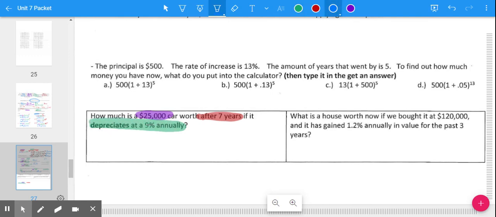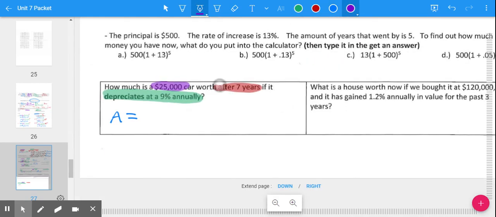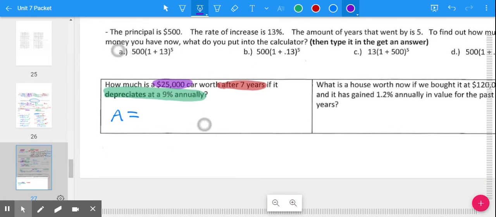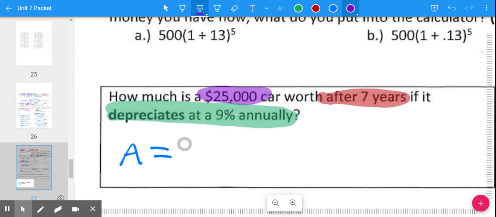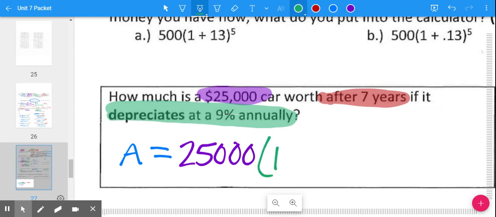So we want the amount of the car that originally cost $25,000. The whole price of that car is depreciating. It's going down 9%. 9% written as a decimal is 0.09.